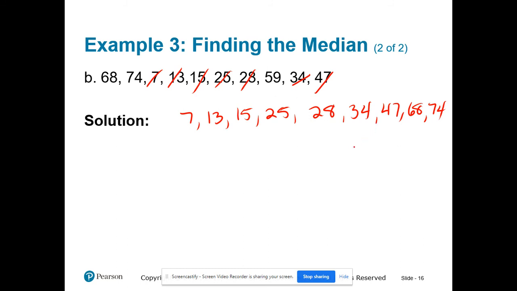If it's not obvious which one is the middle, sometimes what you can do is work your way towards the middle. I'm working my way towards the middle and this one has to be the middle number, or, oh, what did I miss? Okay, let's try this again.